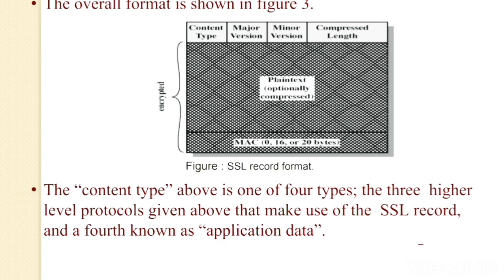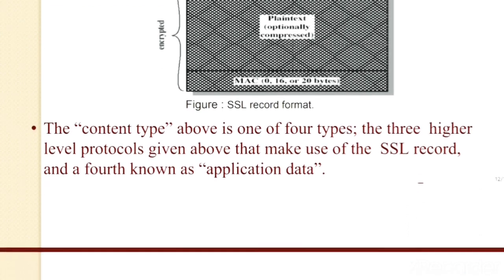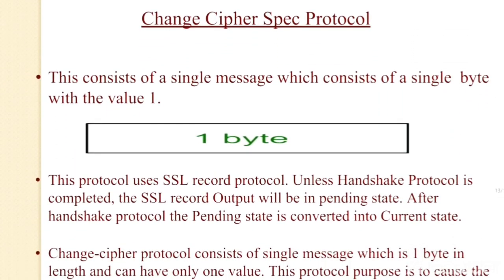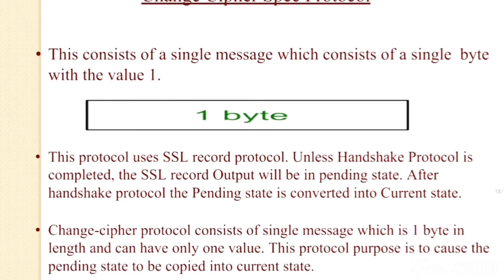The 3 higher level protocols given above make use of the SSL record protocol, and a fourth is known as application data. Now in this SSL we are using one type of protocol, which we call the change cipher spec protocol. It consists of a single message, which is a single byte with the value 1. This protocol uses the SSL record protocol.